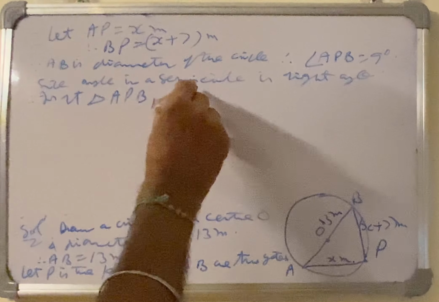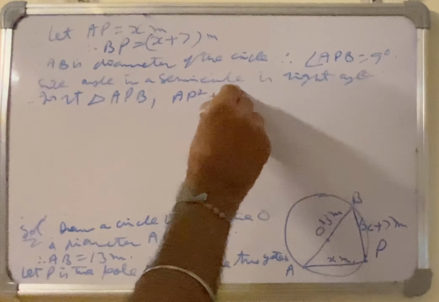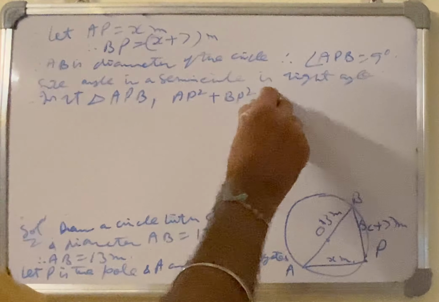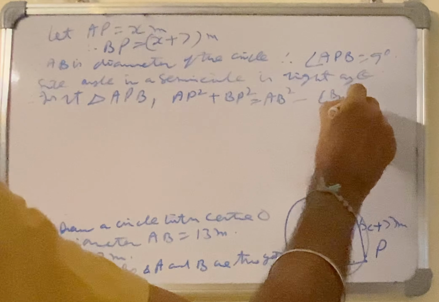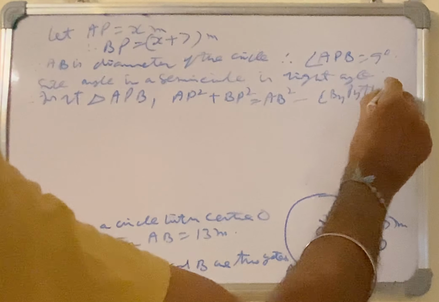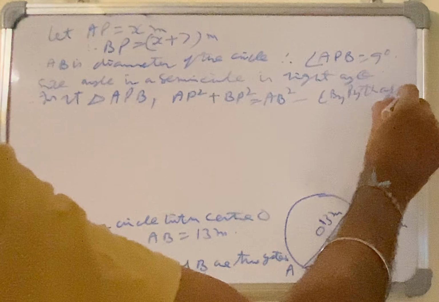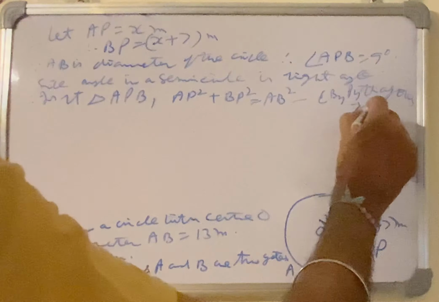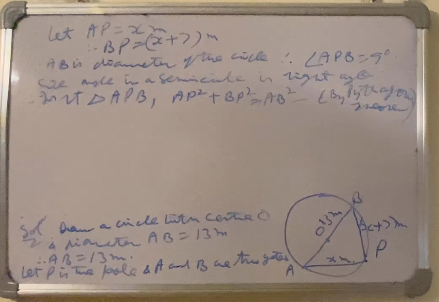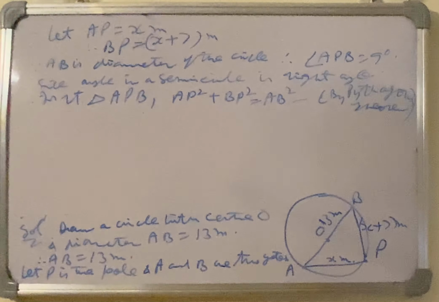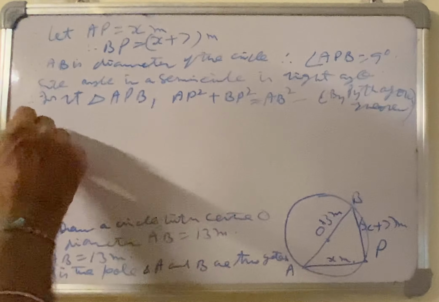AP square plus BP square is equal to AB square by Pythagoras theorem. The square of the hypotenuse is equal to the sum of squares of the other two sides. We put values.